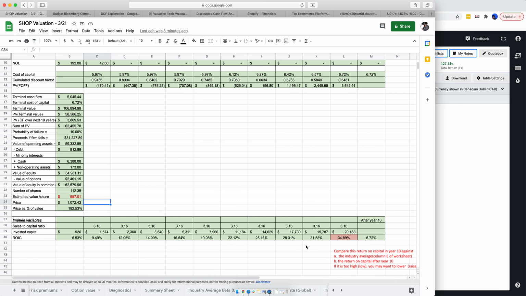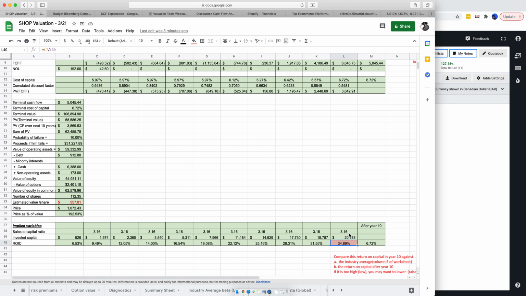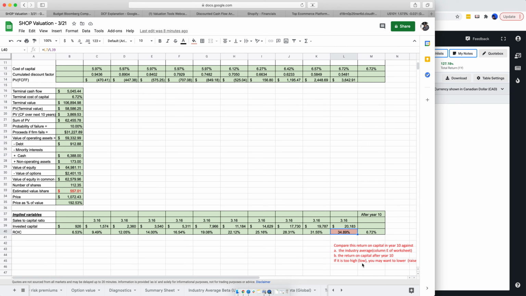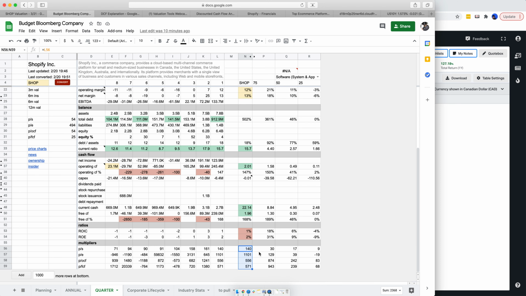Another thing he calls out is that you could look at the return on invested capital, which looks like it would average out around 35% in year 10, and you can compare that with your industry comparison. The return on invested capital right now is much lower than that.